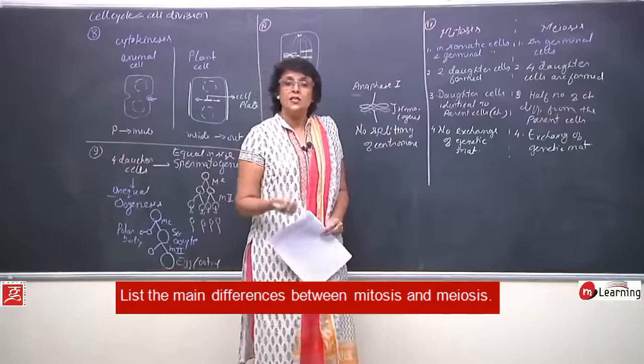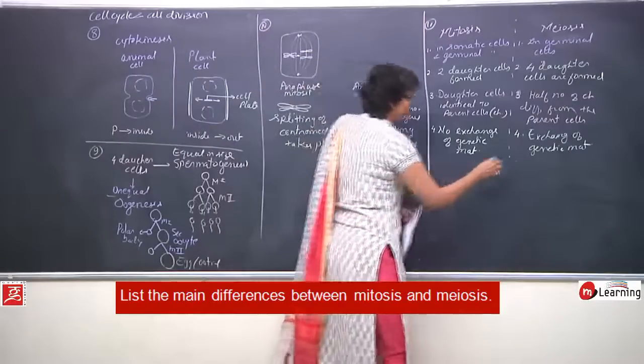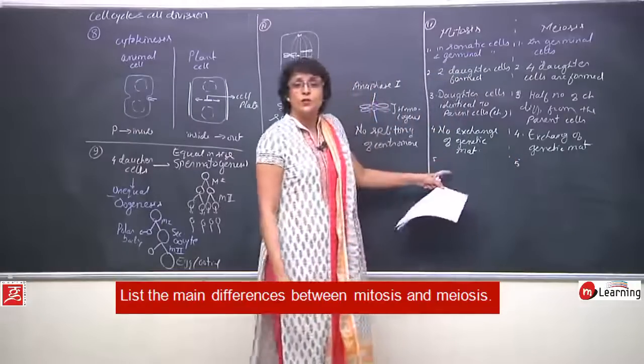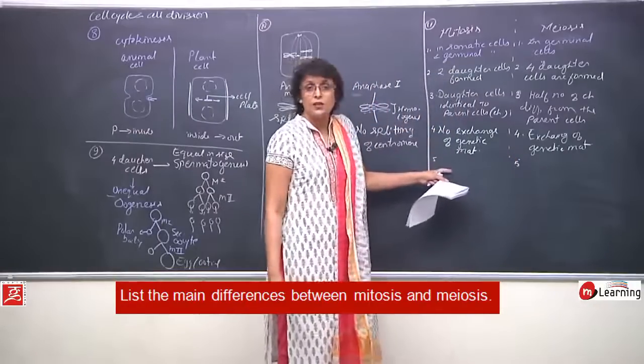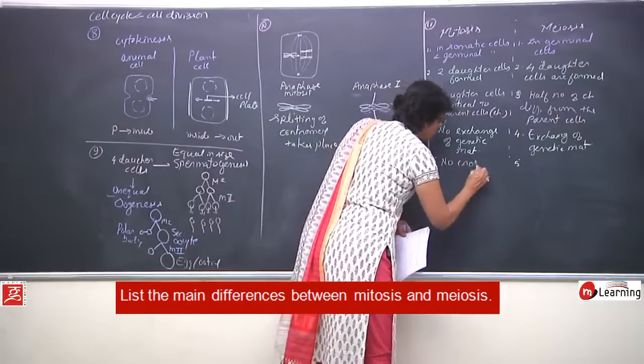What does this exchange result in? It results in variations. So, here we can add a few more points, like what is the process which helps in genetic exchange? Crossing over. So, we can write here no crossing over.